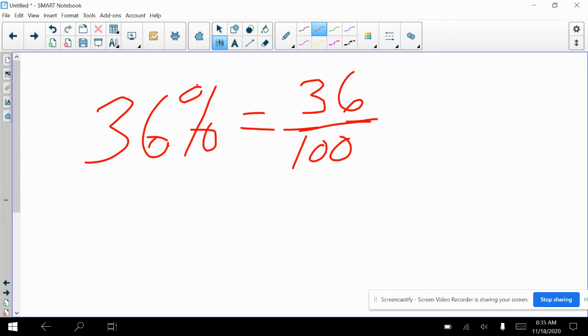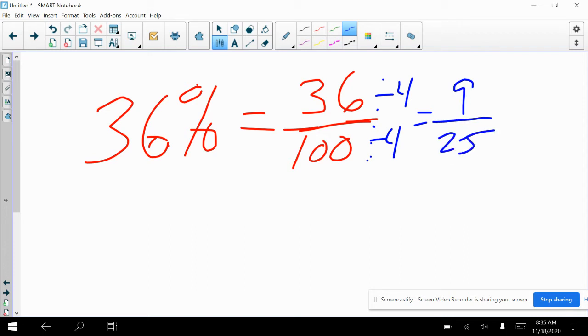And knowing your facts and what to divide by to get the lowest terms, what do you want to divide by? Go ahead, just yell it out. 4. Very good. So 36% is equal to 9/25.